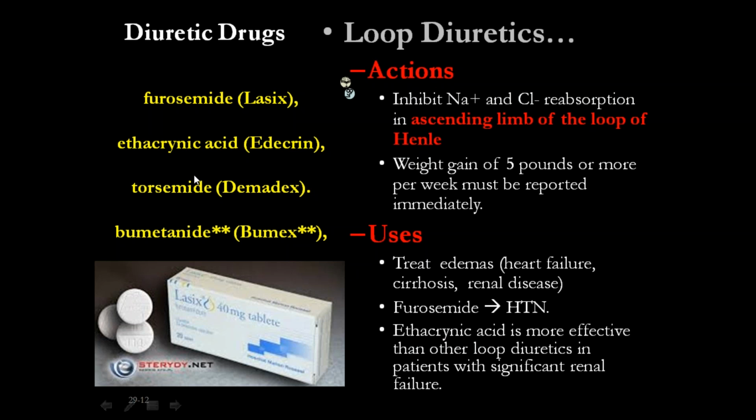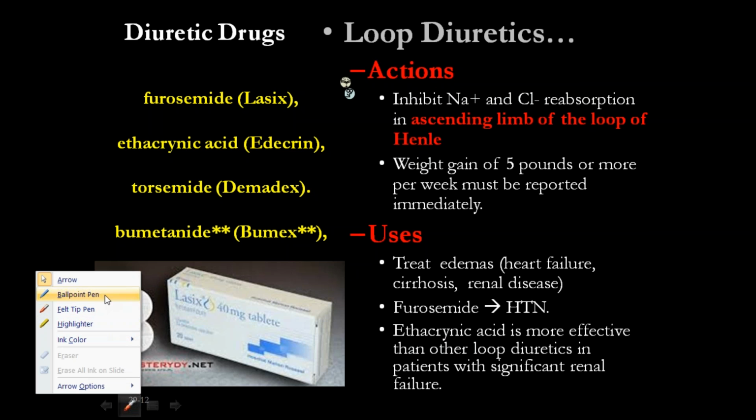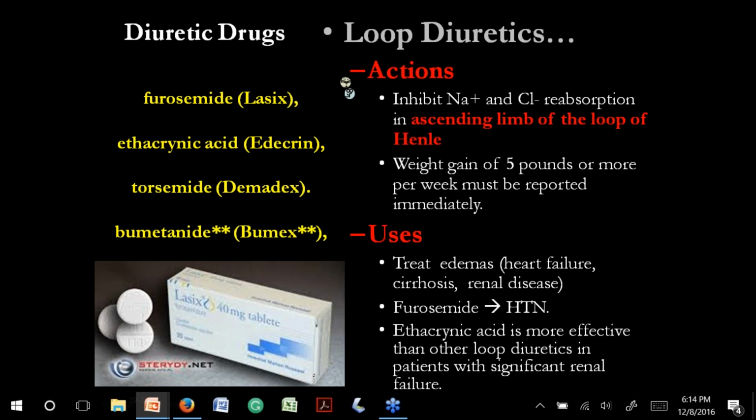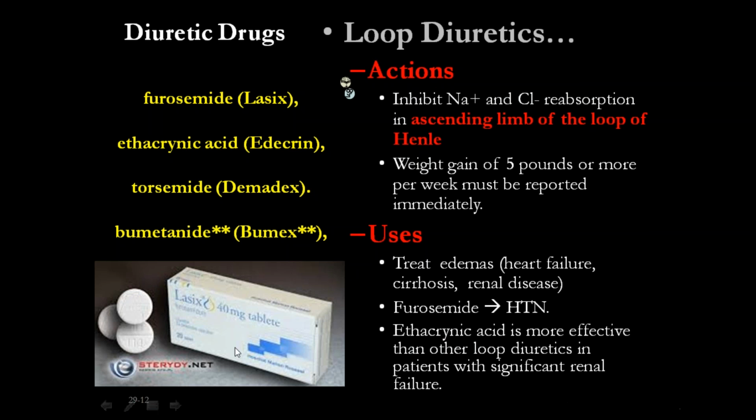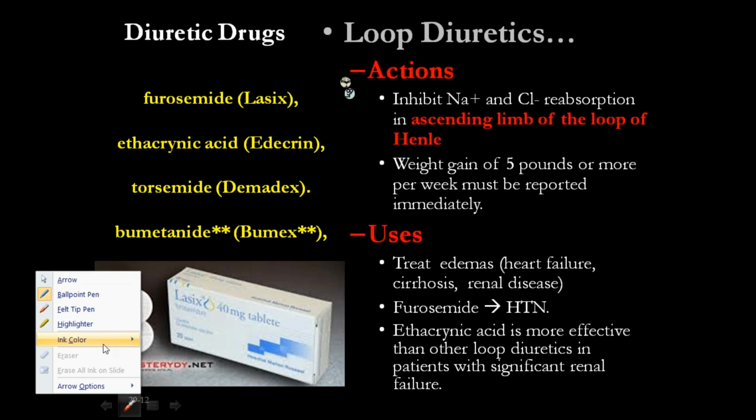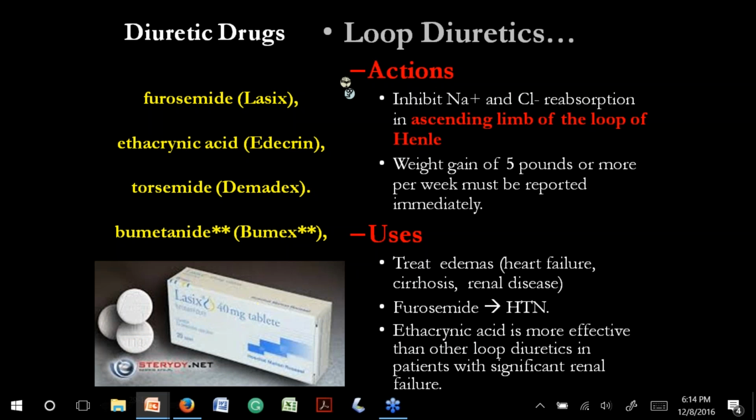You remember we were talking about a mnemonic, and because this is a recording, I need to do it. All right, the mnemonic is FETOBUM. F means furosemide.